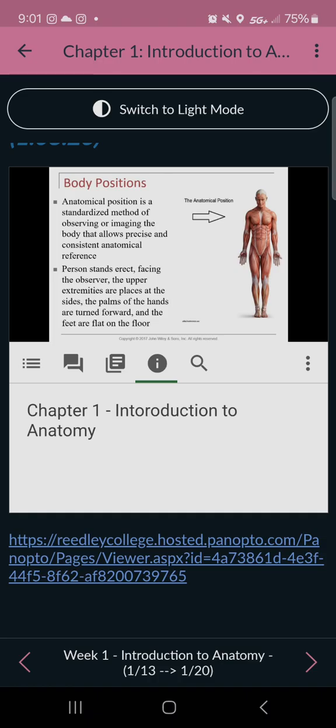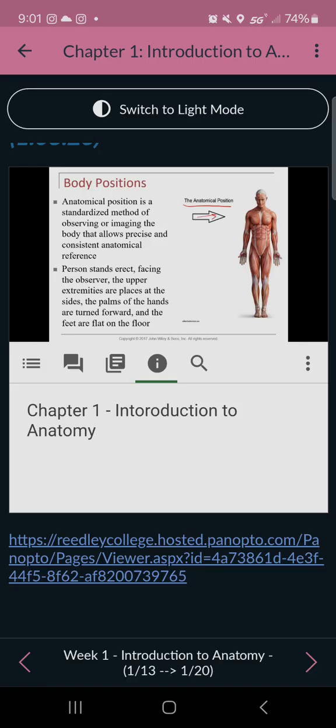First, we're gonna talk about body positions. Anatomical position is a standardized method of observing or imaging the body that allows precise and consistent anatomical reference. Whenever we talk about anatomical position, our model, the human body or the person, would stand erect, just like this figure, okay?